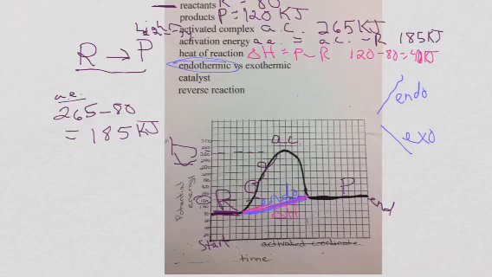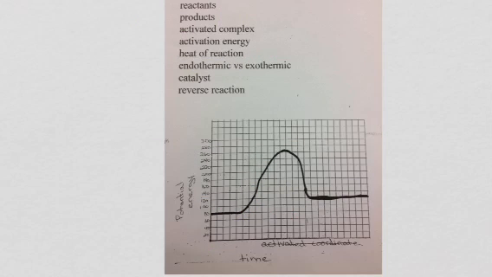Now, if we had a catalyst, that would basically start at the same place. A catalyst, by definition, cannot actually be a reactant or a product. So those two things have to stay the same. So what a catalyst does is it finds a shortcut to get to the same place.